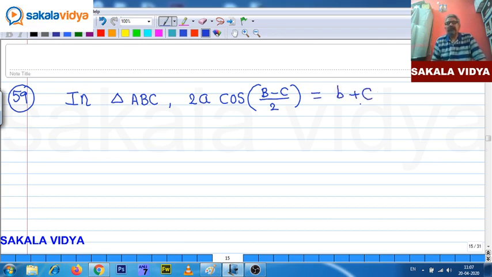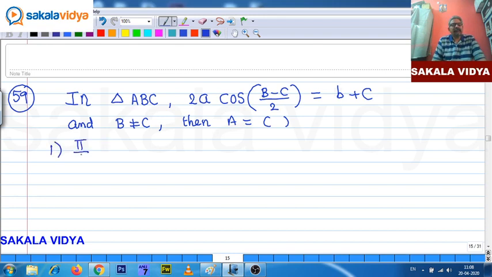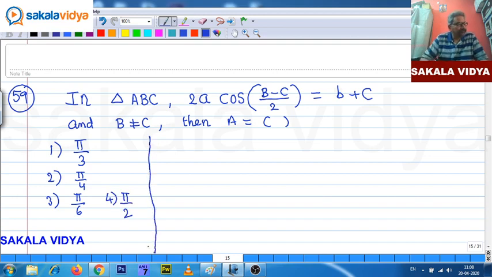What is given is that angle B does not equal angle C. Then we need to find out angle A. First option is pi by 3. Second option is pi by 4. Third option is pi by 6. Fourth option is pi by 2. So first read the question carefully.